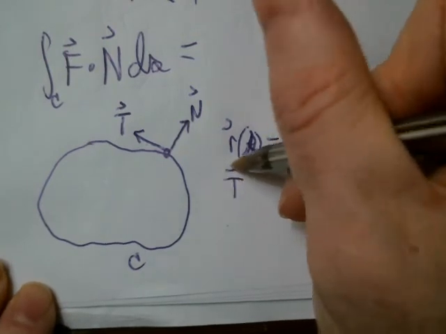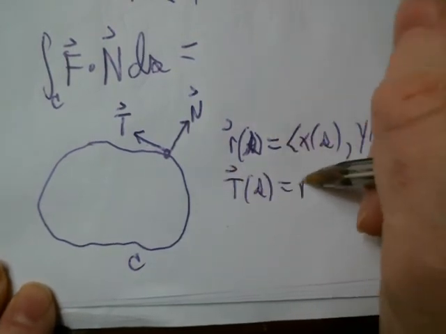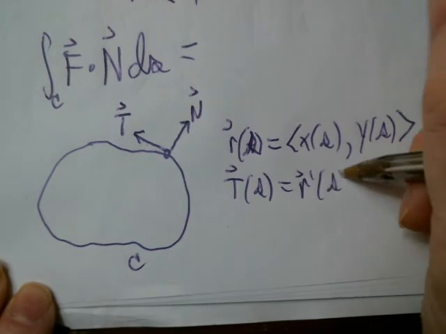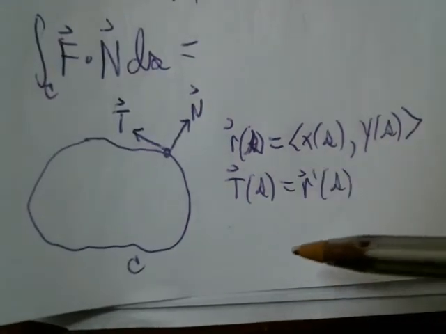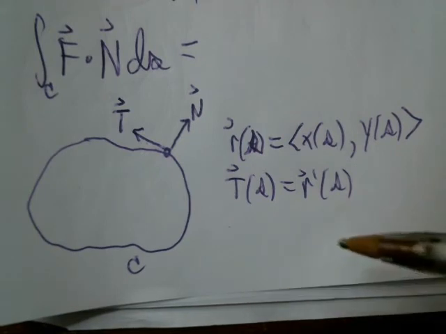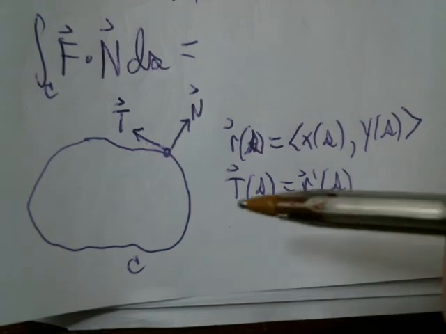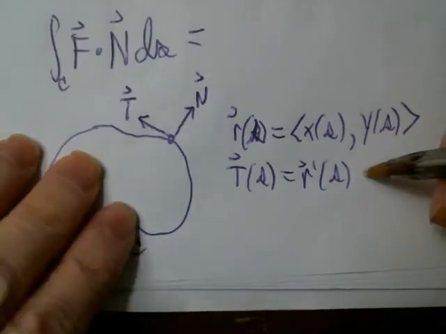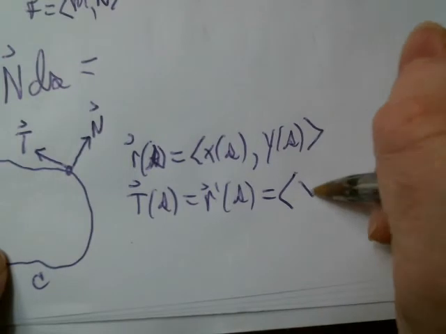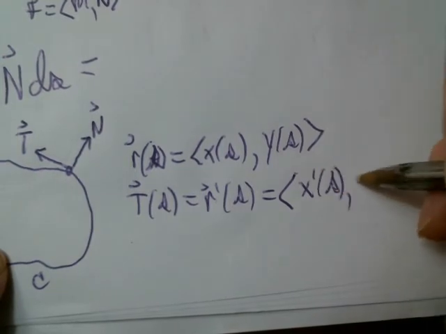Then the unit tangent vector is just the derivative of this. If you remember, the unit tangent vector was the derivative of r of t divided by the magnitude of the derivative of r of t, but the magnitude of the derivative of r of s is just equal to 1. So we could just replace the unit tangent vector with the derivative of r. And this will just be the derivative of the components.